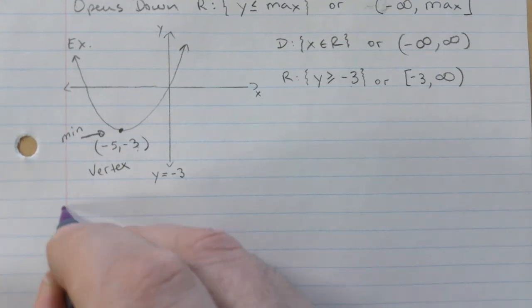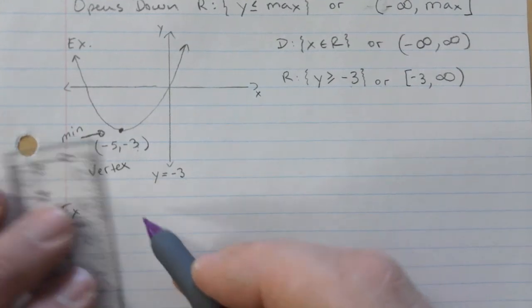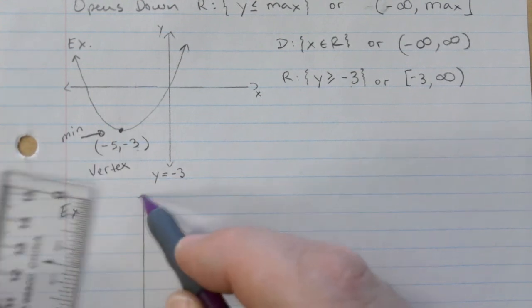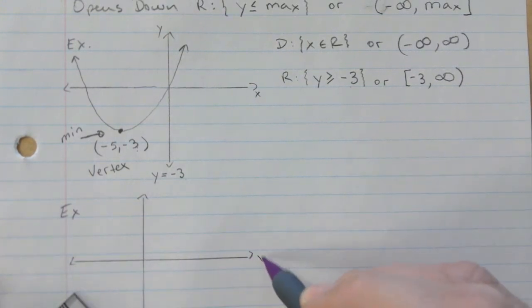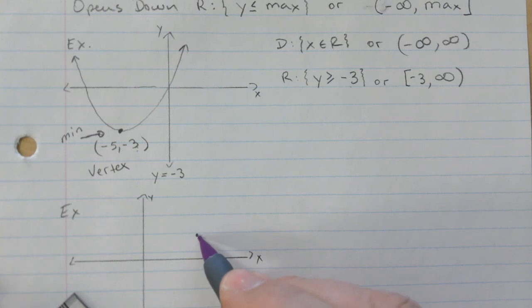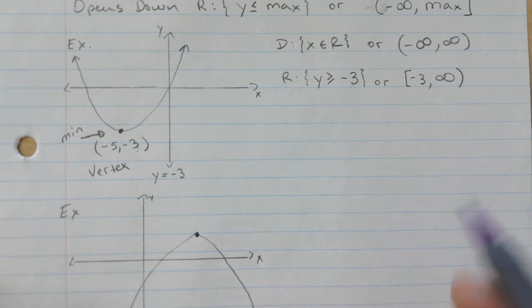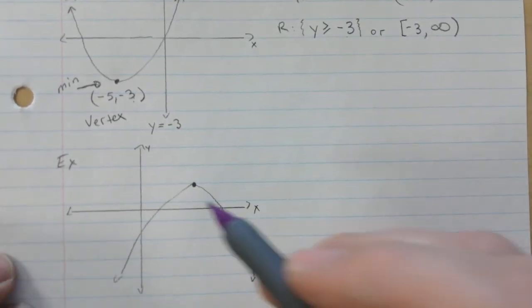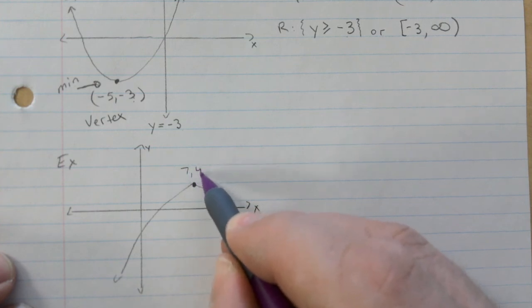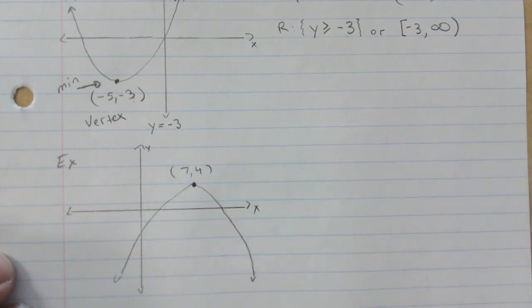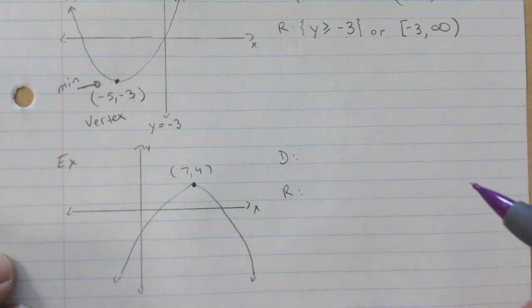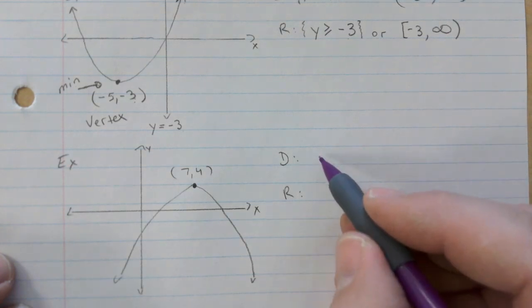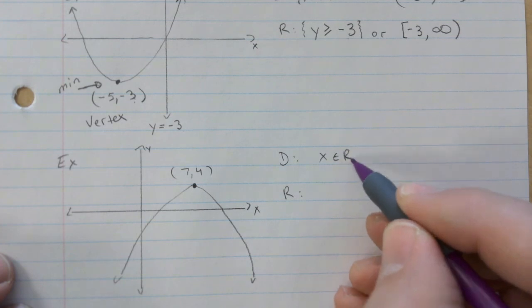One more example. And this time we're going to put the vertex here, going down this way. Not the prettiest. We call the vertex 7, 4. And we're going to write down the domain and the range. In this case, my domain stays the same.